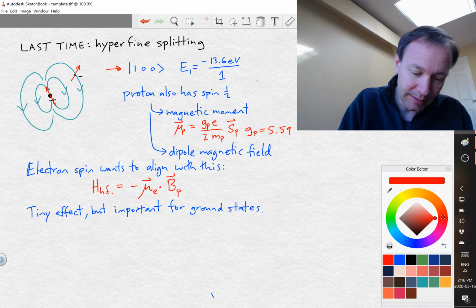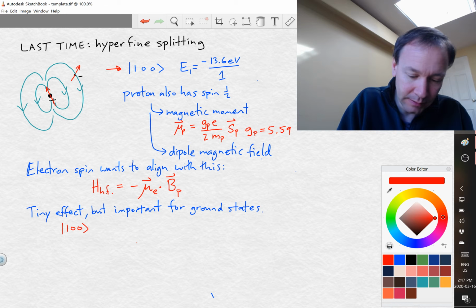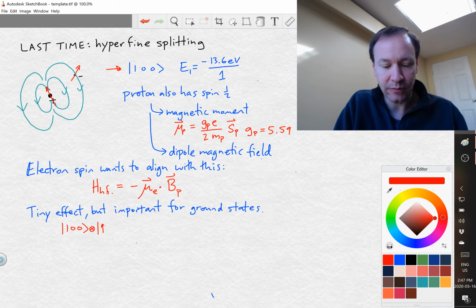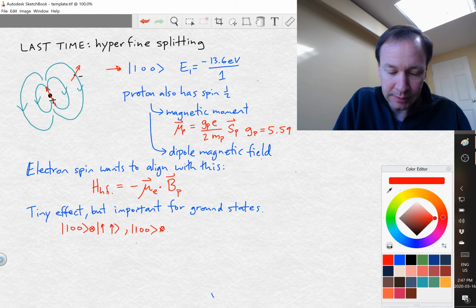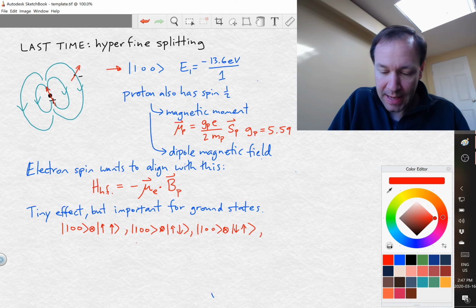Okay, so we can write those as 1, 0, 0, and then I'll just use this spin notation where I write the electron spin and the proton spin. So up, up; 1, 0, 0, up, down; 1, 0, 0, down, up; and 1, 0, 0, down, down.